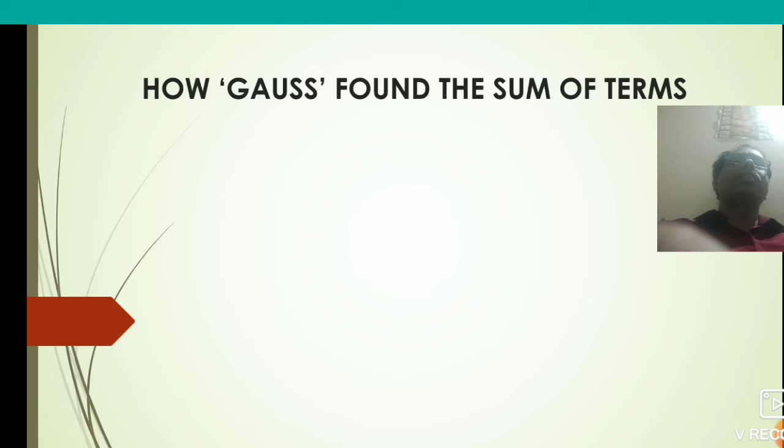Then every child took a notebook and started finding the sum, like 1 plus 2 equal to 3, 3 plus 4 equal to 7, like that. But Gauss got up and told the answer in a few minutes.